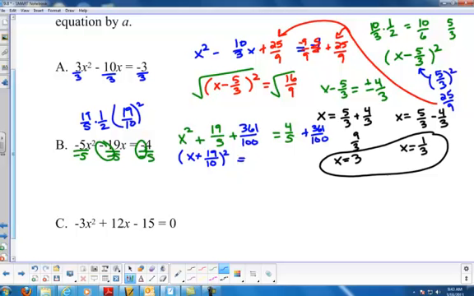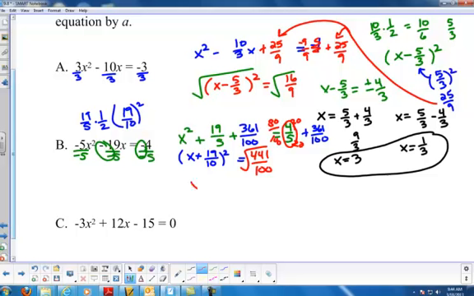400. Oops, I got to make my common denominator first. So we're going to multiply both of those by 20. So I have 80 over 100. So that adds up to 441 over 100.